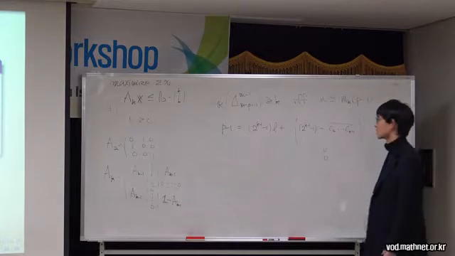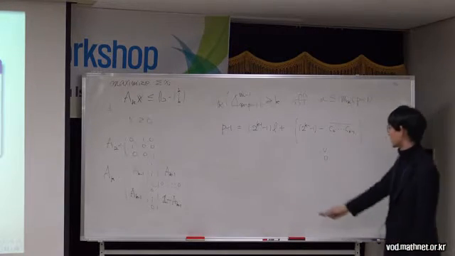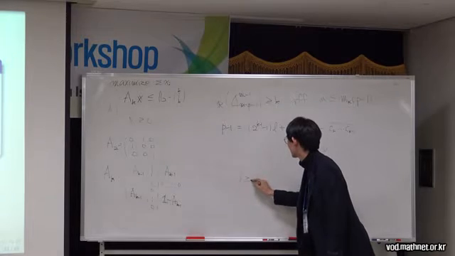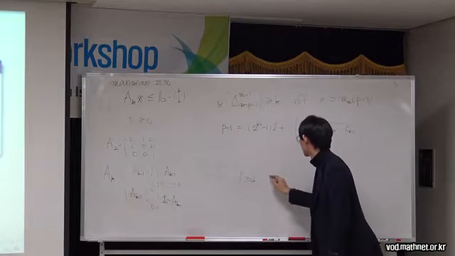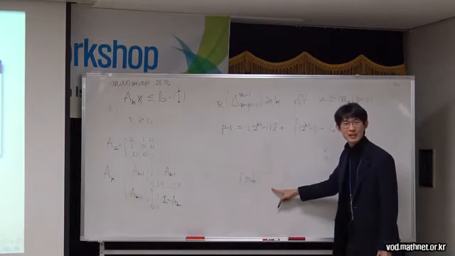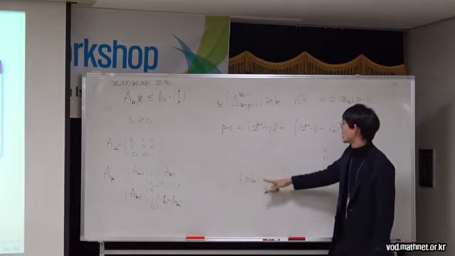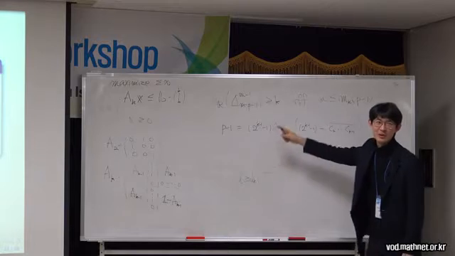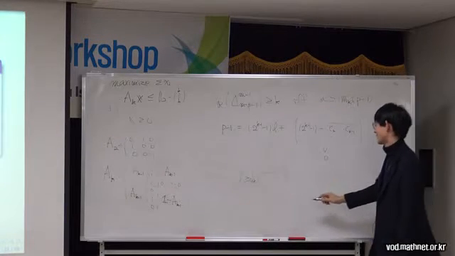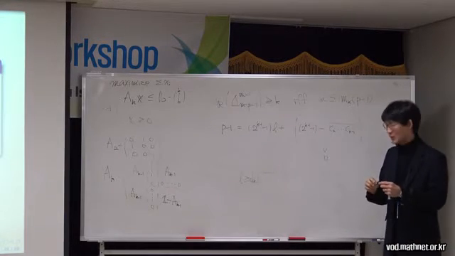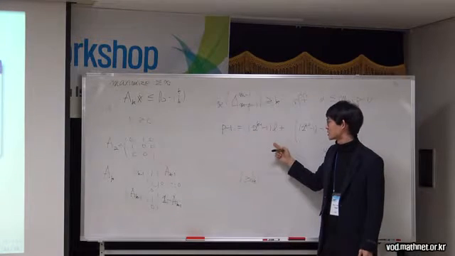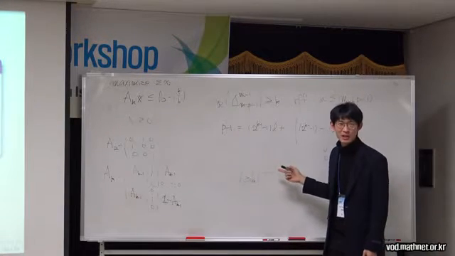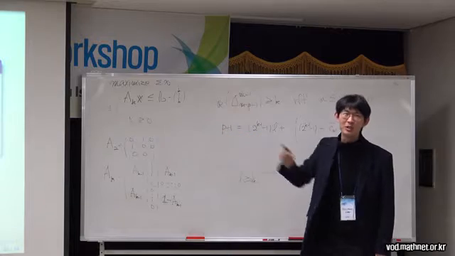So this condition means P minus 1 is greater than or equal to some number. If P minus 1 is some small number, then we cannot apply that formula.